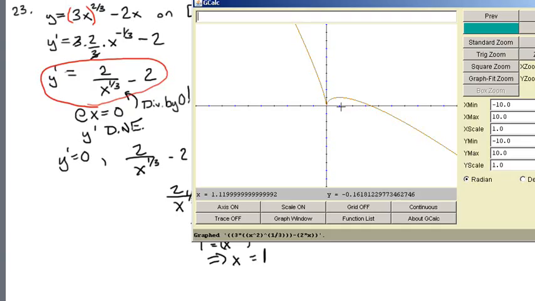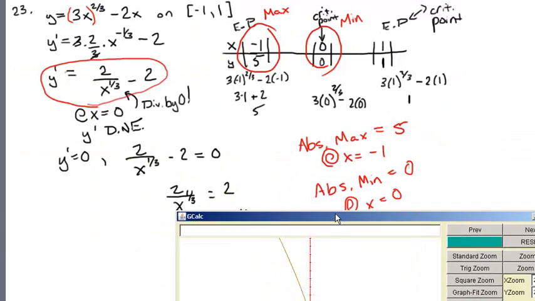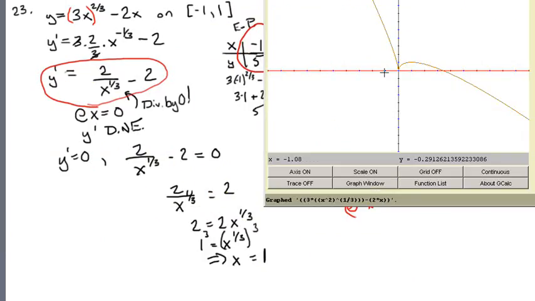So at x equal to 1, right? Our interval is from -1 to +1. We have a minimum that occurs right around here, and that's a y value of 0. And it is clear that our absolute max does occur at x equal to -1. It's very clearly the highest value on this interval.